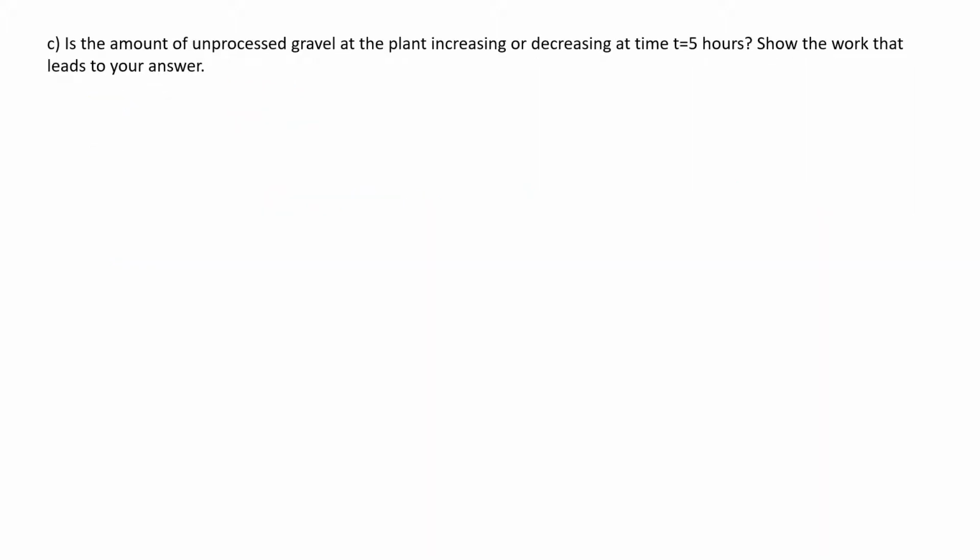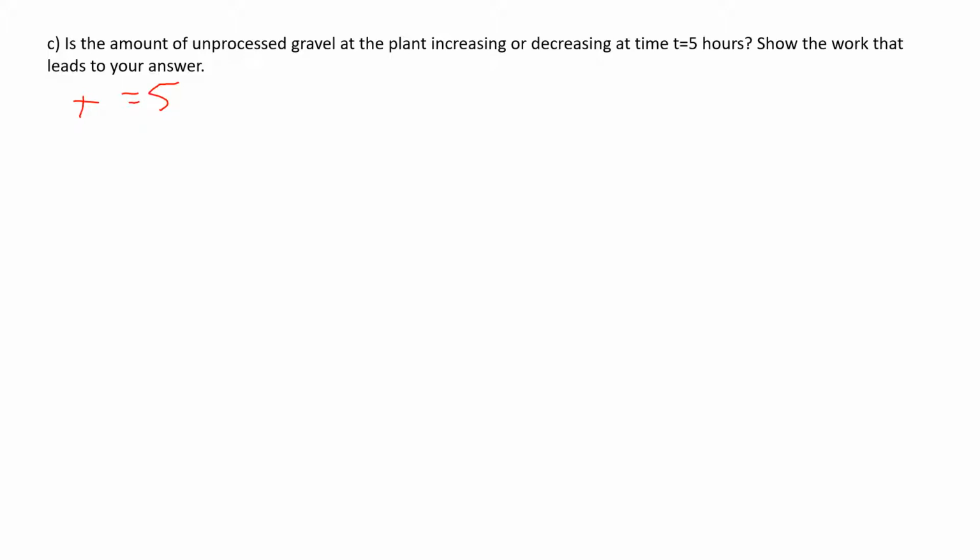All right, question C. Is the amount of unprocessed gravel at the plant increasing or decreasing at time t equals 5 hours? Show the work that leads to your answer. To do this, we're going to compare the rate at which gravel is coming in versus the rate at which it's going out at time t equals 5.